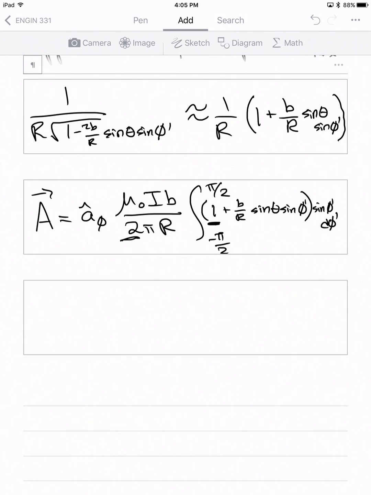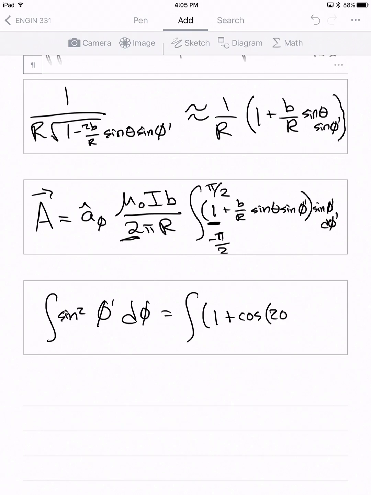For the rest of it, we're going to use the fact that the integral of sine squared phi prime d phi prime is equal to the integral of (1 plus cosine of 2 phi prime) all over 2 d phi prime.